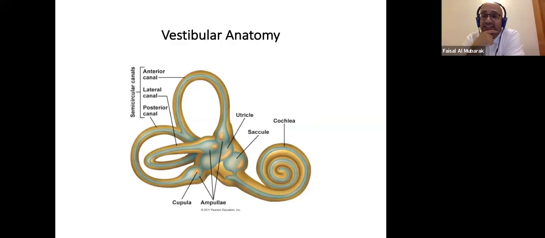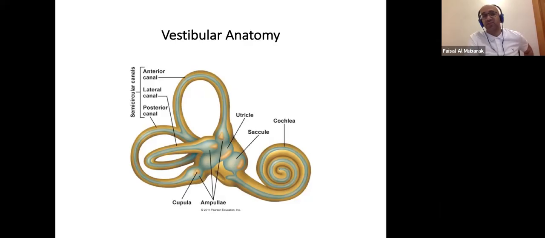Now, before we move on with our anatomy, what is the function of each of the two? Semicircular canals are responsible for detecting angular motion. So if the patient's head is moving into flexion or extension, this is angular motion, and it is detected by the semicircular canals.